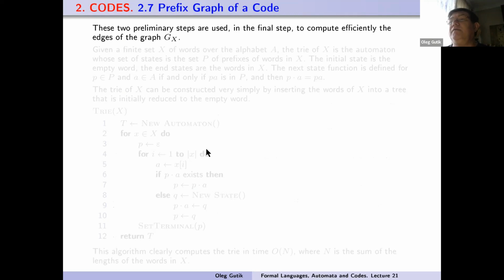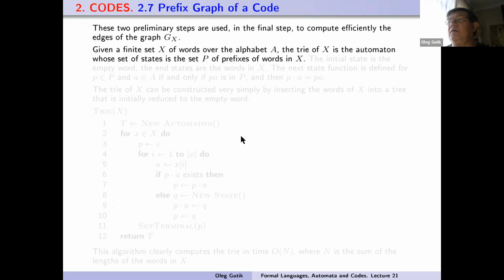in the final step, where we compute efficiently the edges of the graph G(X). Given a finite set X of words over the alphabet A, the trie of X is the automaton whose set of states is the set P of prefixes of the words in X. The initial state is the empty word.